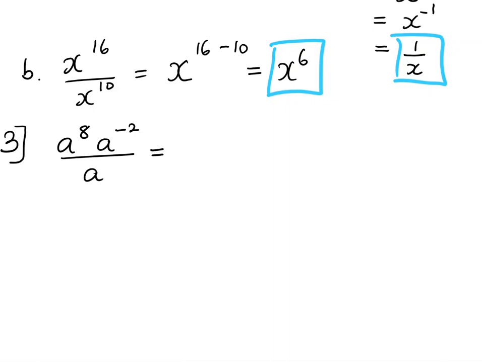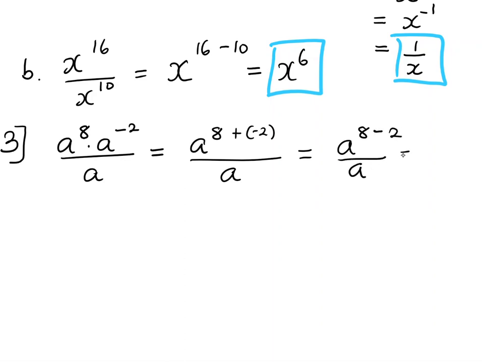We can apply the first law to the numerator, and that is a raised to power 8 plus negative 2, because this is multiplication, then you need to add the powers, divided by a. That is a raised to power 6 divided by a. And do not forget that this is a raised to power 1.